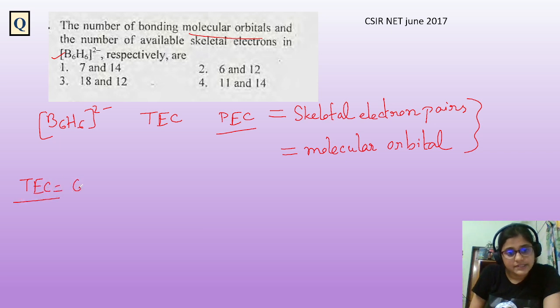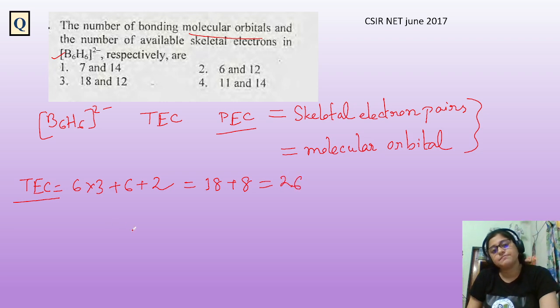For boron 6 into 3, for hydrogen 6, for negative charge 2, right? 18 plus 8, it will be 26. Fine. This is TEC. Now PEC.